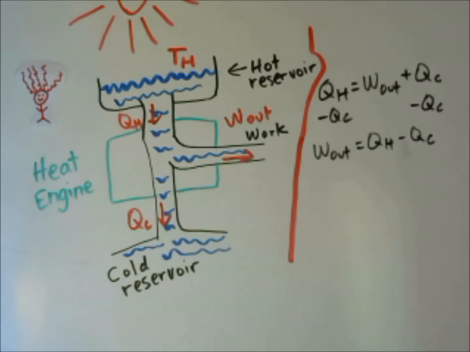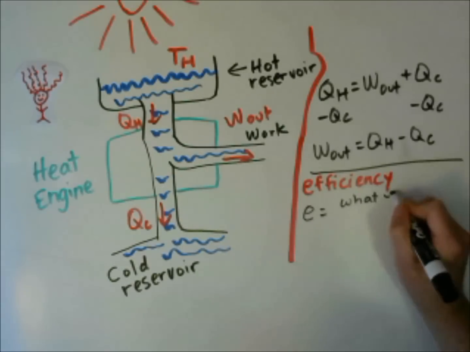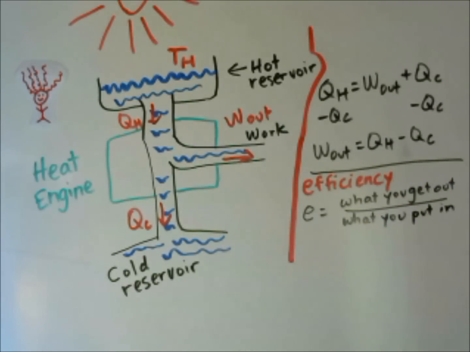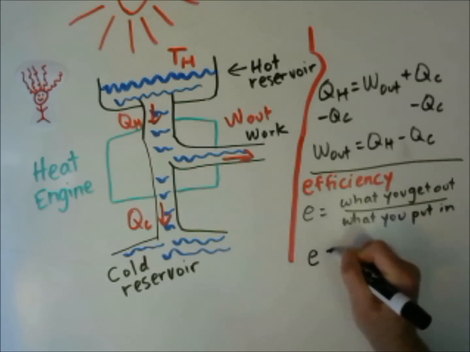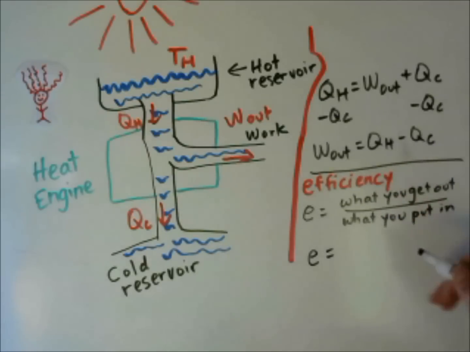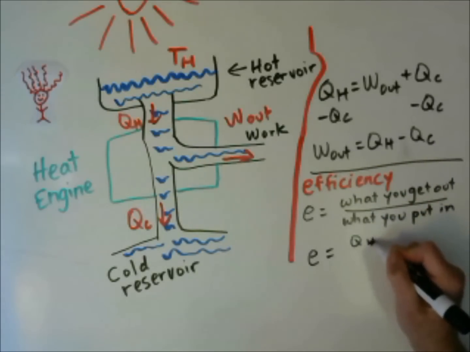So let's figure out how efficient an engine can be. In general, efficiency is what you get out divided by what you put in. It could be up to a maximum value of 1 or 100%. For these variables, let's replace what we get out with the work out. And work out we found to be QH minus QC.